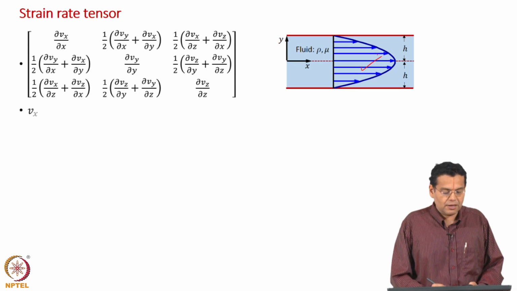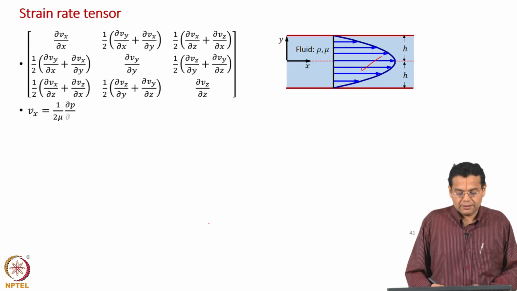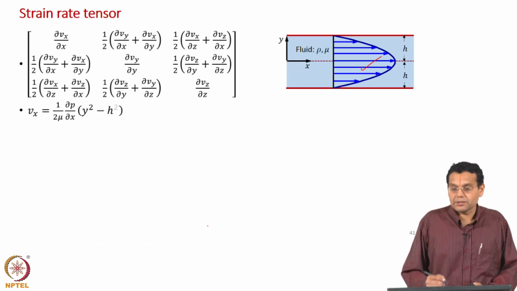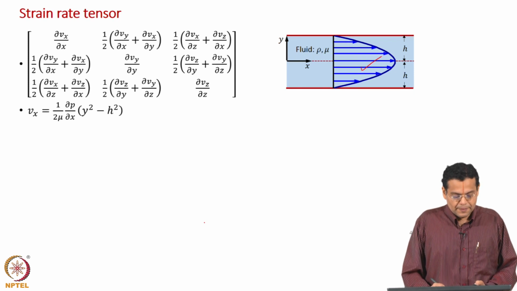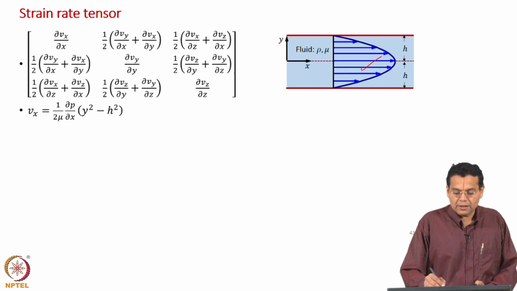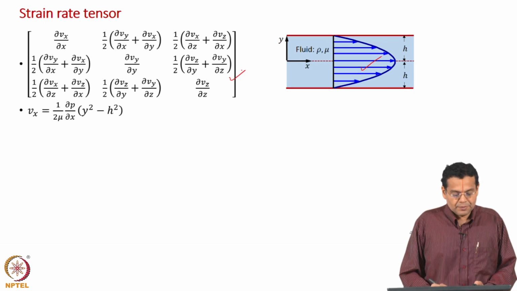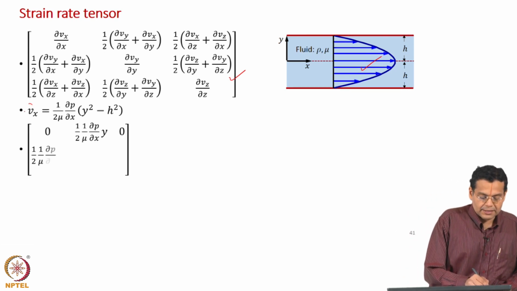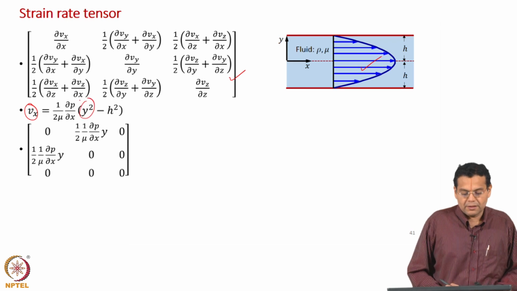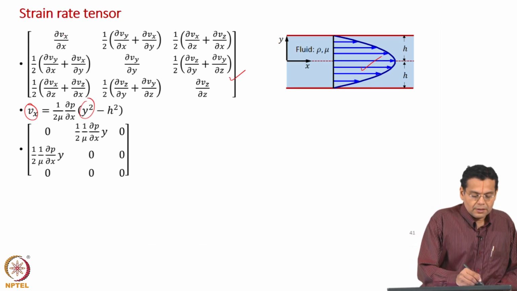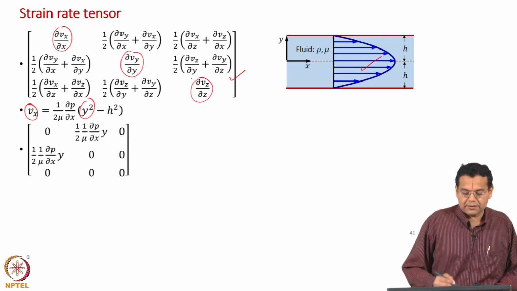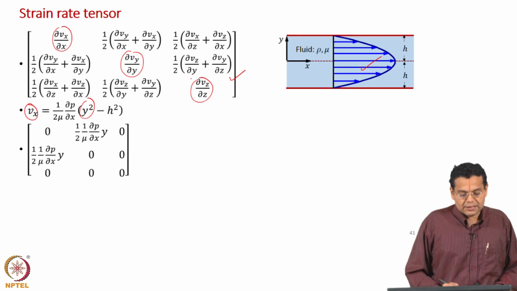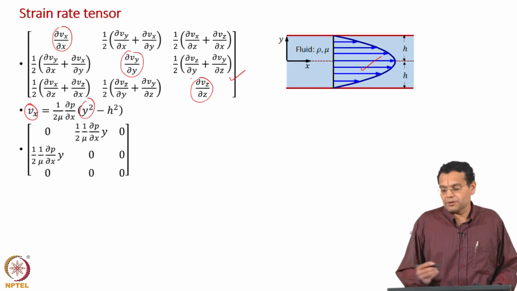So this is the velocity profile which we derived, which is quadratic in y, and now we will have to evaluate the components of the strain rate tensor using this velocity distribution. In this case Vx depends on y, so all the diagonal components are 0. Vx does not depend on x, it is a fully developed flow profile.